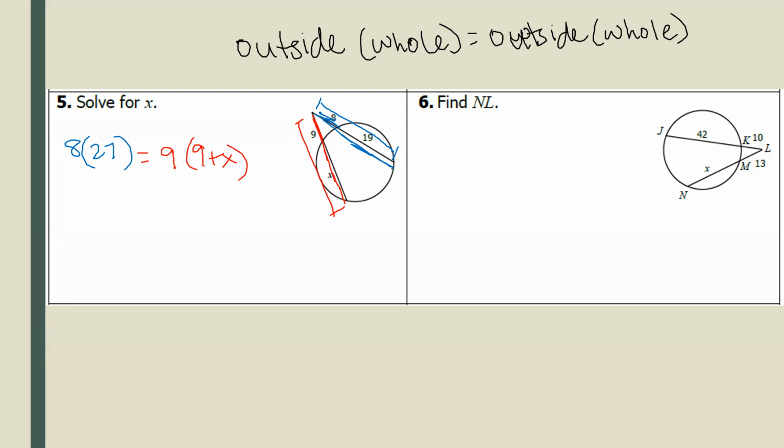Okay, so now we can say, okay, well, 8 times 27, that's 216. Distribute your 9, 81 plus 9x. Subtract 81 from both sides and divide by 9. And it was just asking us for x, and there it is.